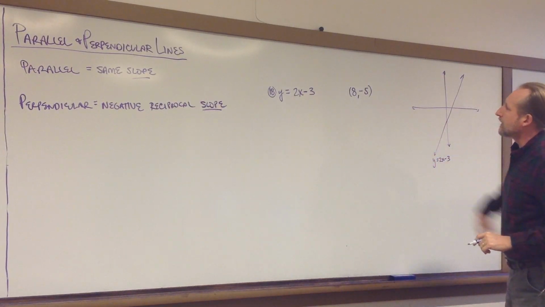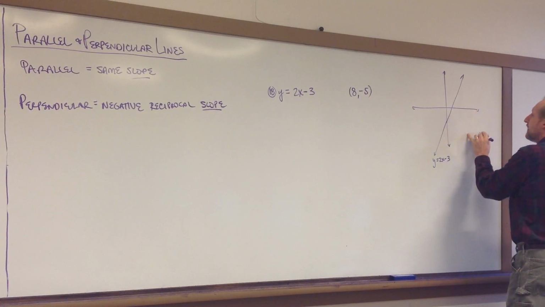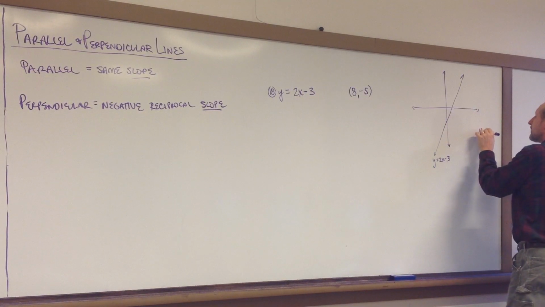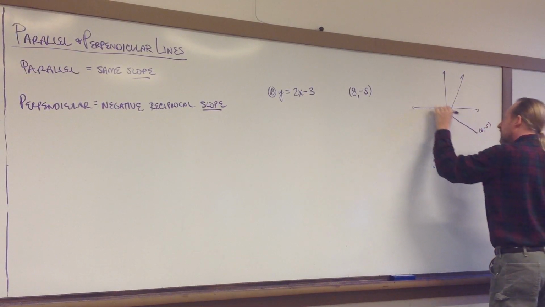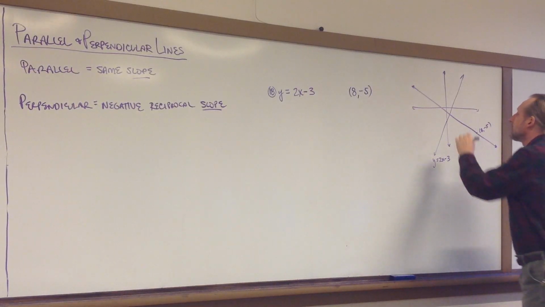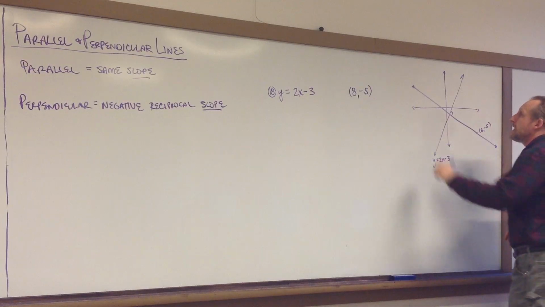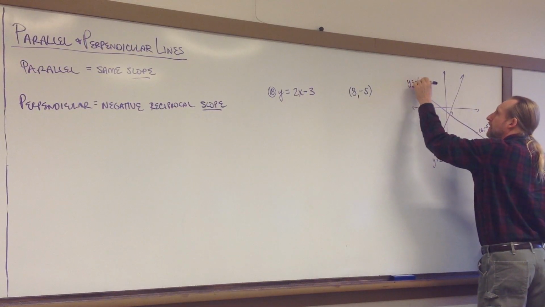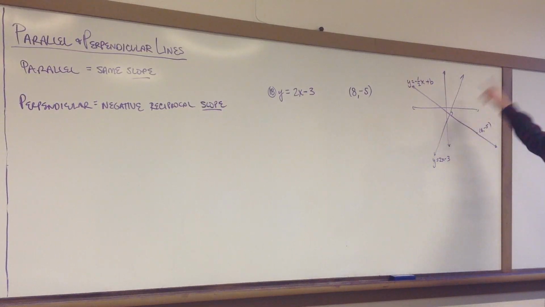Now, we want a line that's going to pass through the point 8, negative 5, so over here somewhere. And we want it to be perpendicular to our original line. Okay? That means our slope here has got to be negative 1/2, the negative reciprocal of this line.